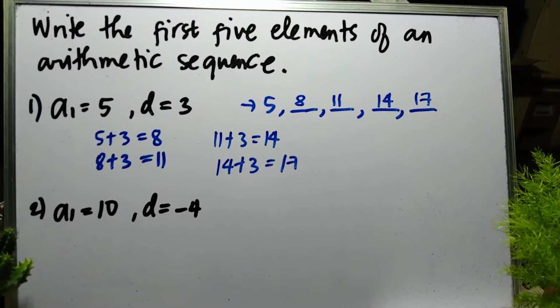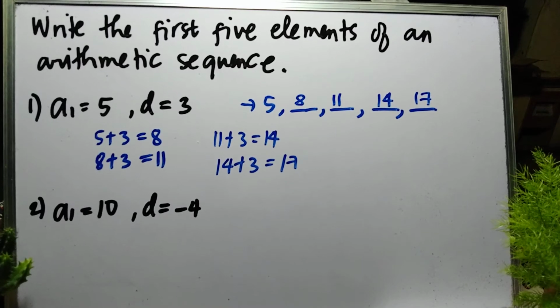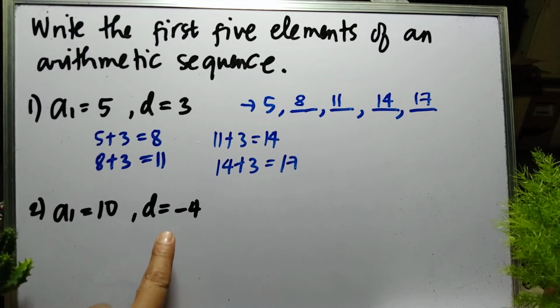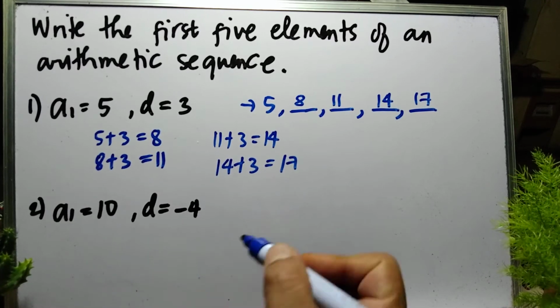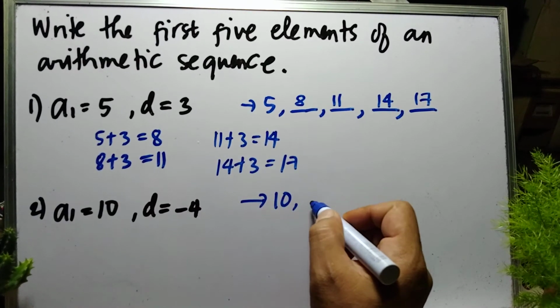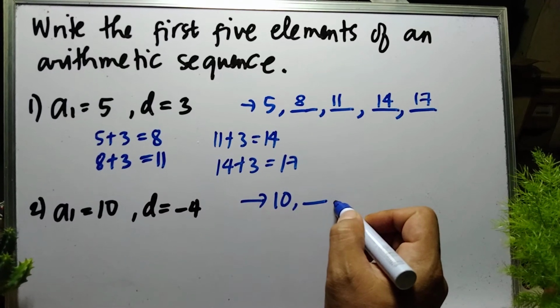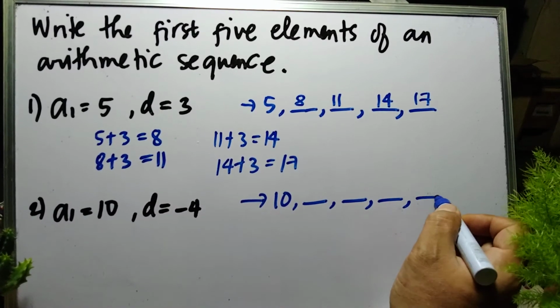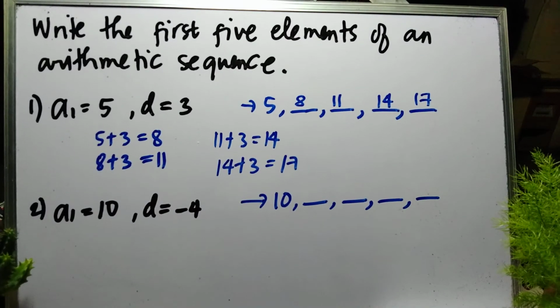Let's move on to example number 2. Wherein your first element is 10 and then your common difference is negative 4. Okay, here again, we knew that our first element is 10. Okay? So we need to obtain the second element, the third element, the fourth element, and the fifth element. Okay.